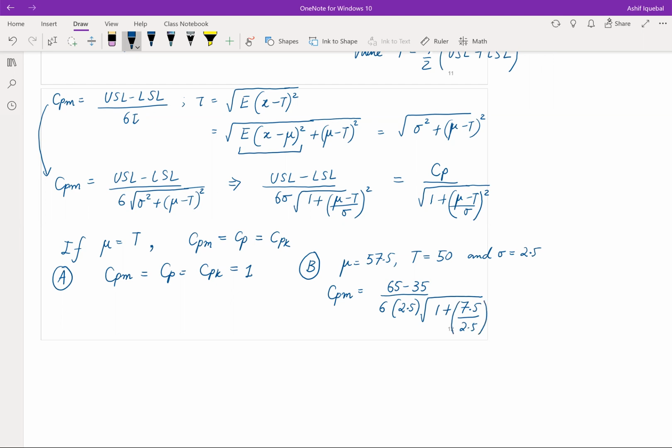And then we take the square of this, right? So when you calculate this, you will get 30 divided by 6 times 2.5 times the square root of 10. And when you calculate this, you will get a value. I don't have this value. Can someone quickly calculate this and tell me what the value is?